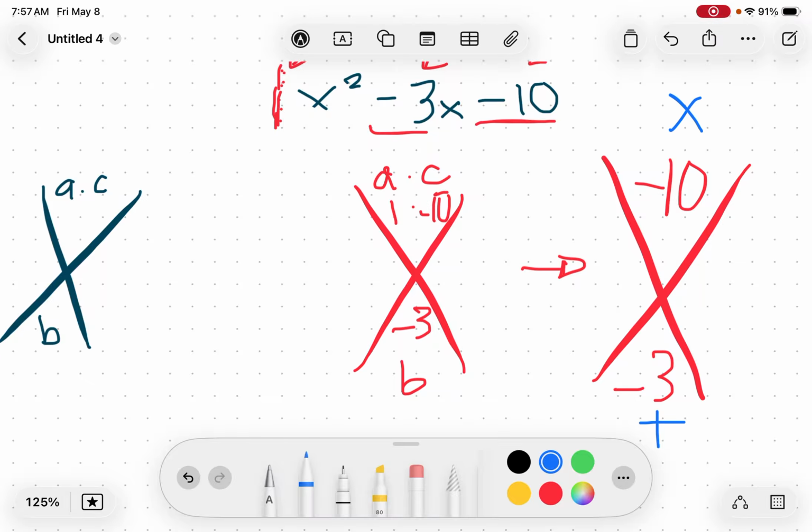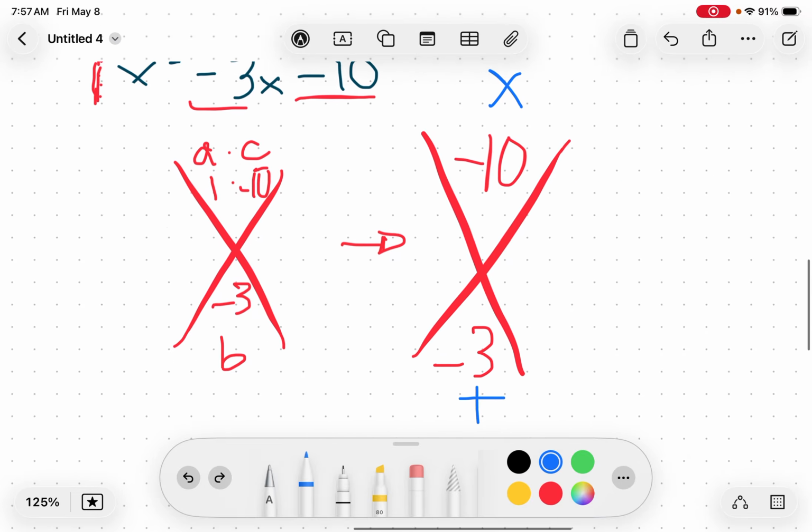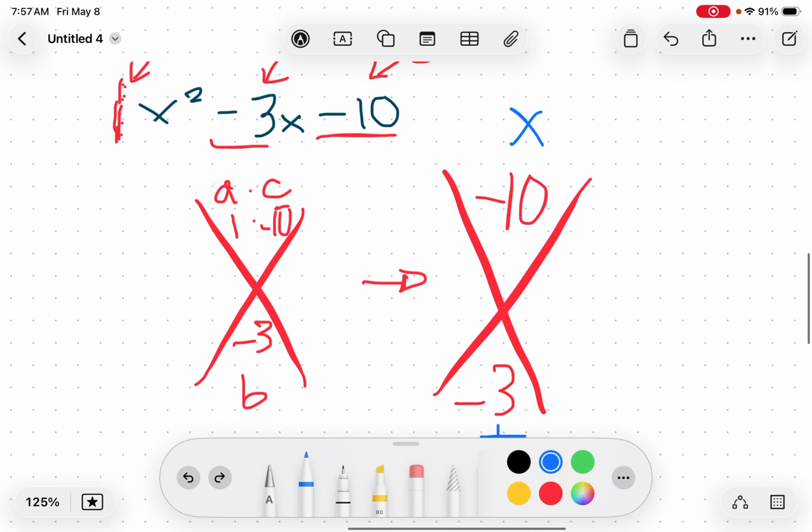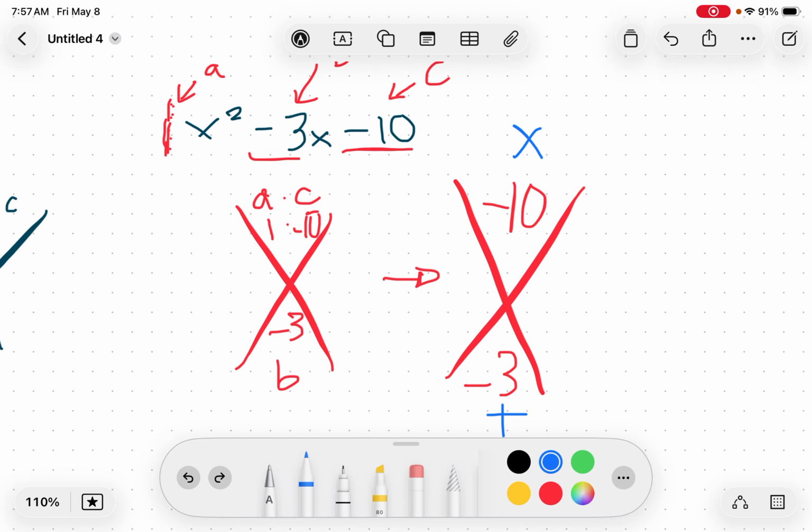So we need to come up with two numbers that when multiplied create -10, and that when added create -3.